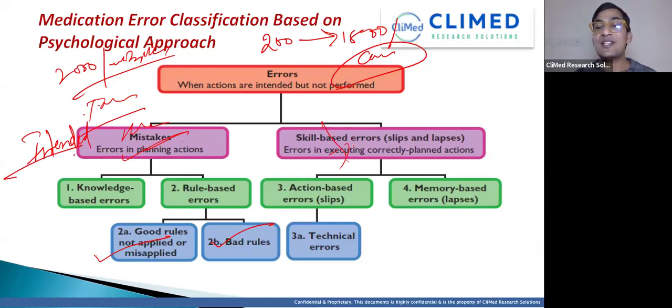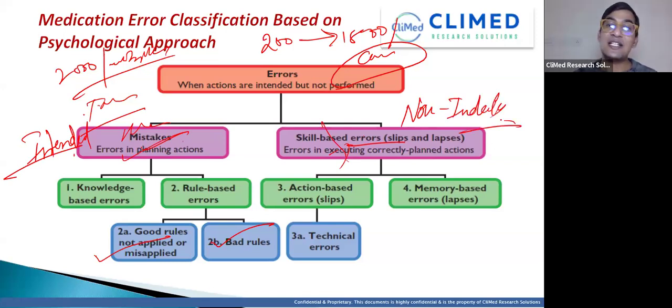And when we talk about skill-based error, those are mostly non-intended. You understand that? Mostly intended or non-intended. Right. So these are psychological approaches of the people. They know everything, but still the mistake is happening or they are doing the mistake.